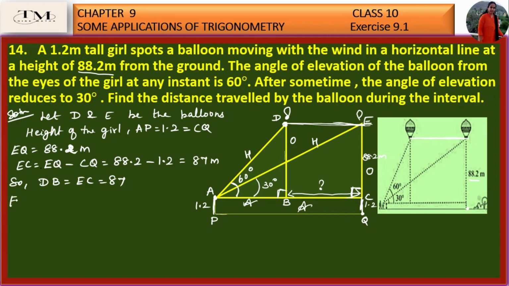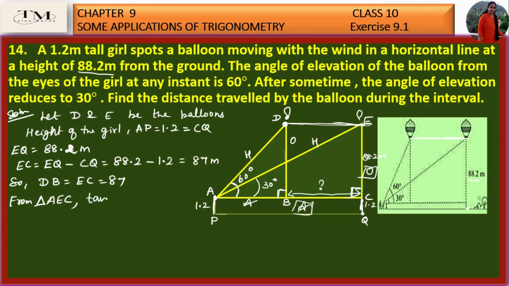So let us take the bigger triangle AEC. From triangle AEC, we know the opposite side. We are going to find out AC, which is the adjacent side. Opposite and adjacent make tan.